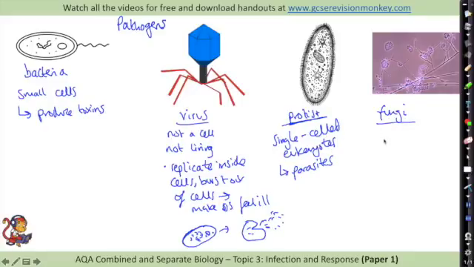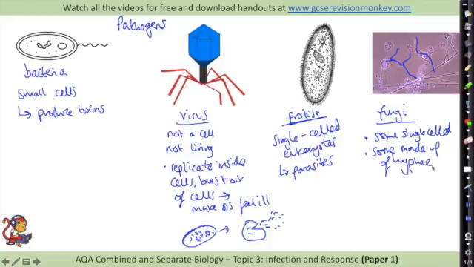Fungi come in a variety of forms. Some are single-celled. Some form long finger-like strands that come away, and those are called hyphae. You probably won't need to know that name in the exam. Some are made up of hyphae, the strand-like things in the picture there, and some produce spores.